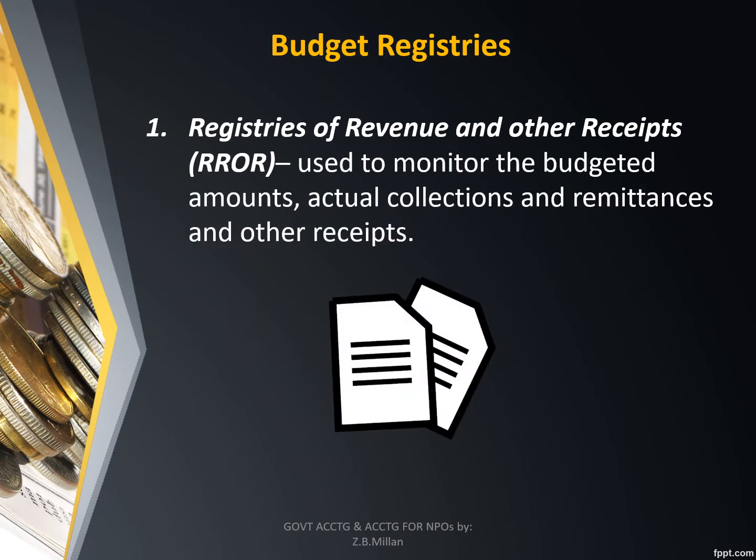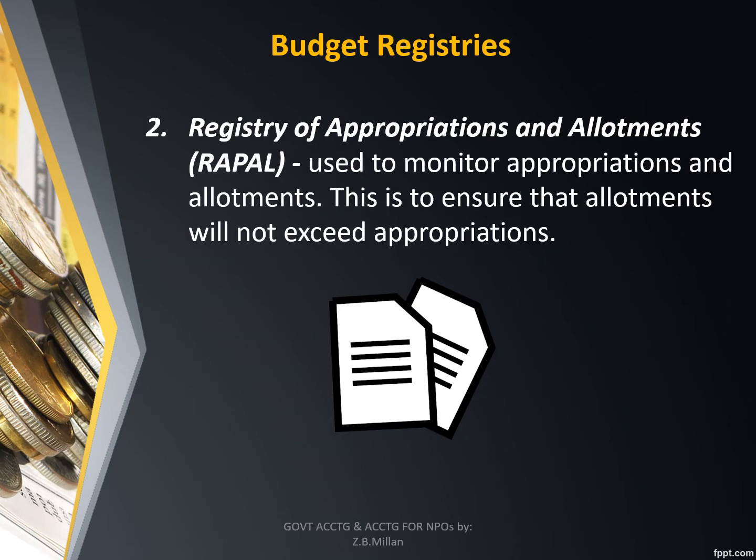So the registries of revenue and other receipts is used to monitor budgeted amounts, actual collections, remittances, and other. The registry of appropriations and allotments naman is used to monitor appropriations and allotment. So this is to ensure that allotments will not exceed appropriation.